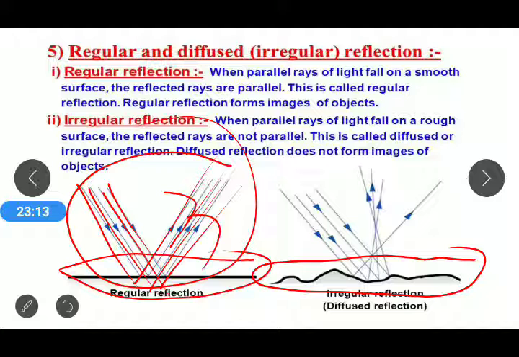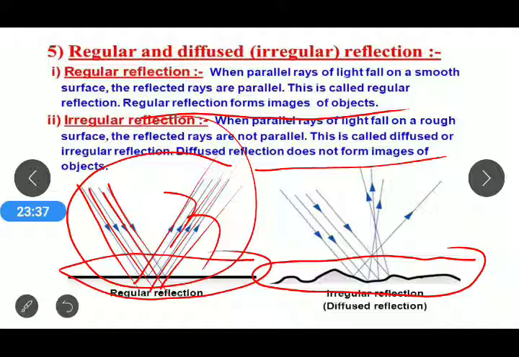When parallel rays of light fall on a rough surface, the reflected rays are not parallel. This is called diffuse or irregular reflection. Diffuse reflection does not form images of objects. That is another important thing. On the other hand, regular reflection forms images of objects.